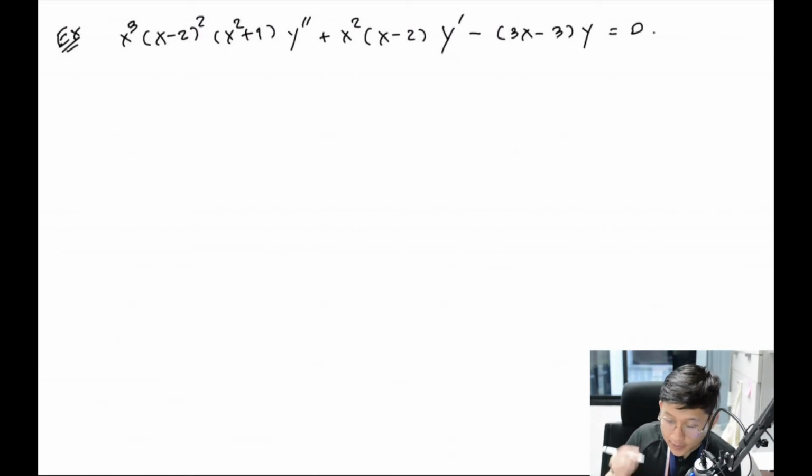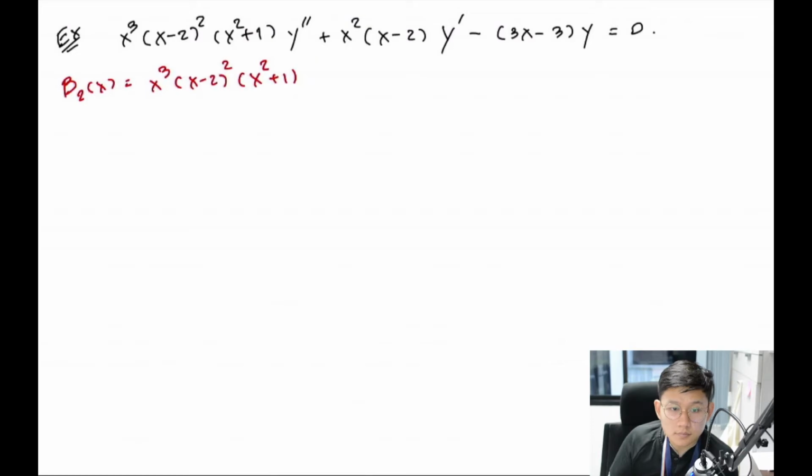And first, again, we do the same thing. We look at b2(x), which is x cubed, x minus 2 squared, x squared plus 1. And we know that b2(0) is 0 and b2(2) is 0.